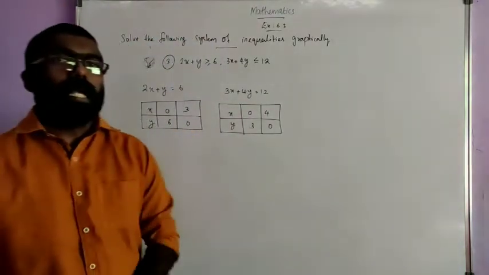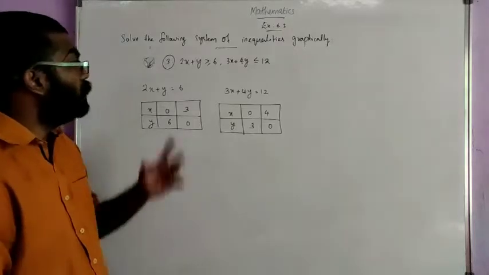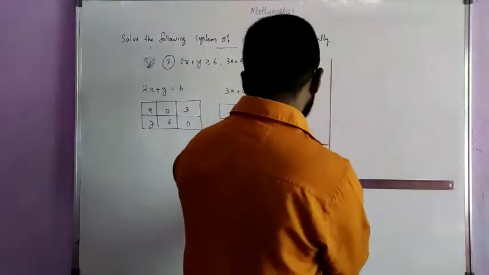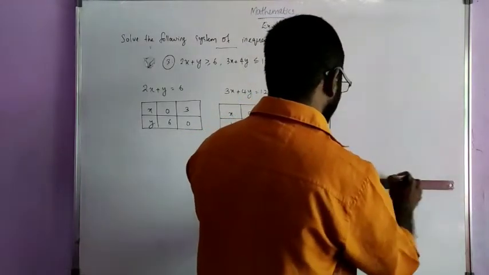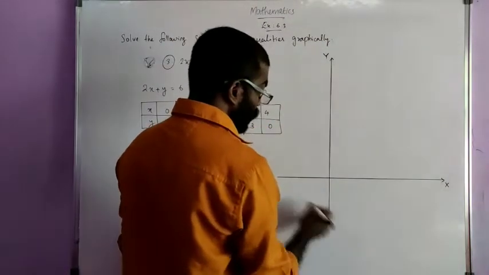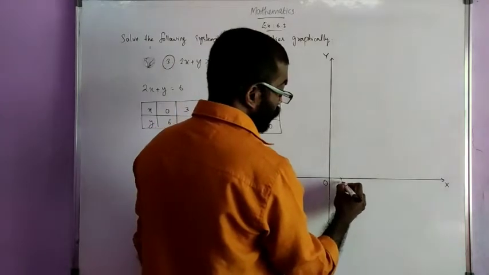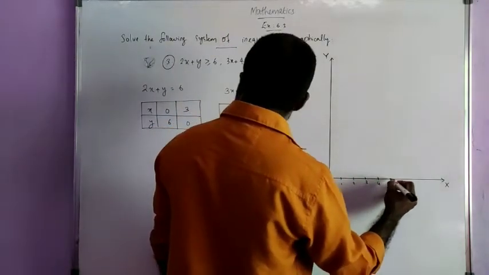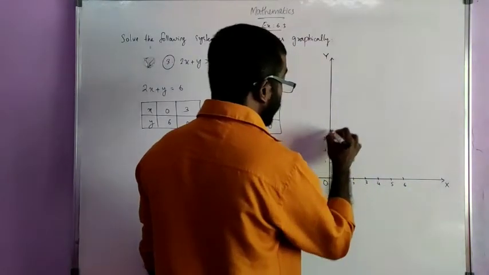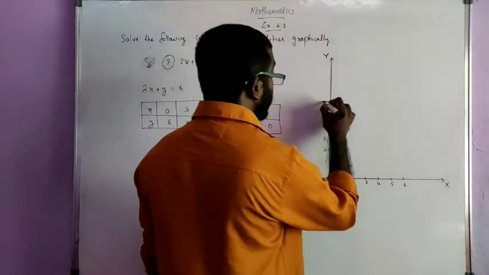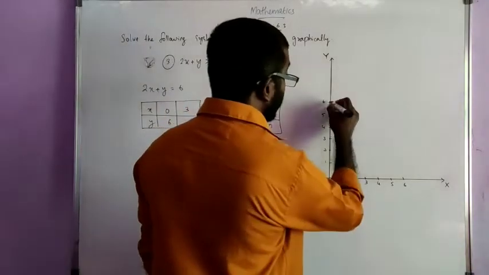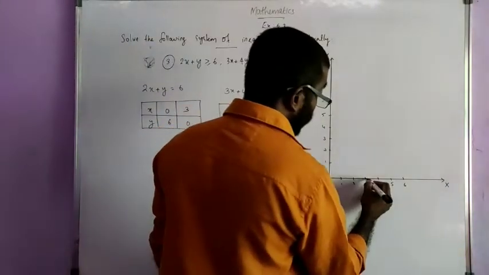Okay. Now we can draw the straight line representing these two lines. One, two, three, 4, 5, 6. Here also 1, 2, 3, 4, 5, 6. Okay. 0, 6. 0, 6 here. 3, 0.